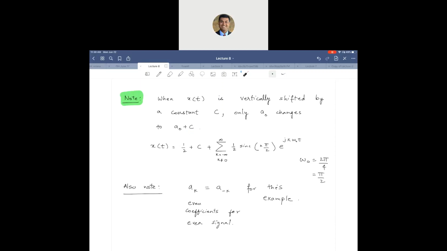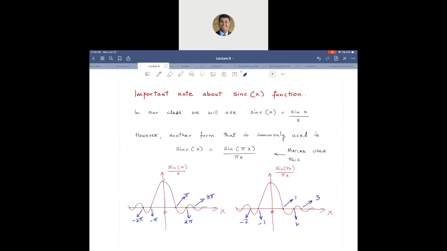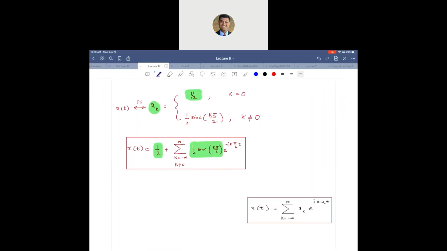That's it. So in our case, when we had this particular answer for the square wave, if you change the DC value of the pulse train, you literally add c to this. a_0 becomes a_0 plus c. That's it. Everything else remains as is.